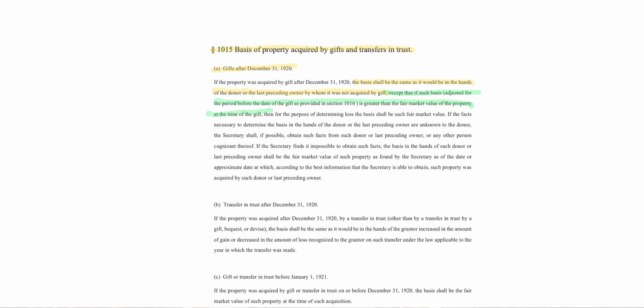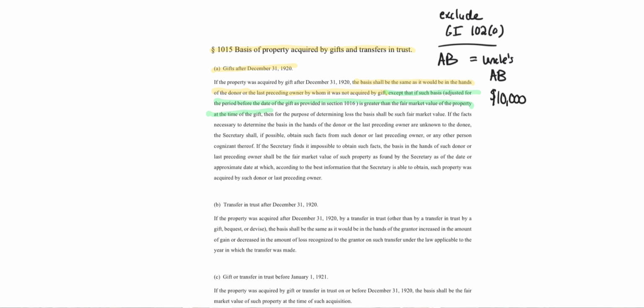So that means the answer to the question is twofold. For the inclusion issue, we exclude the amount from gross income under section 102(a). And then the adjusted basis that Carol takes in this property equals the uncle's carryover basis, the uncle's adjusted basis, which if you go back to the facts, we're told is $10,000.